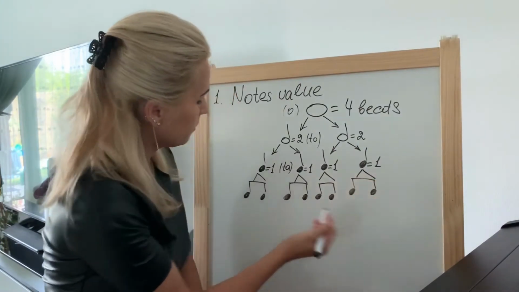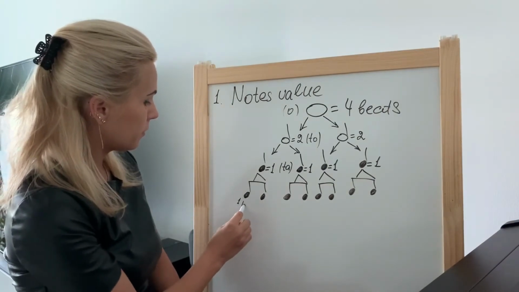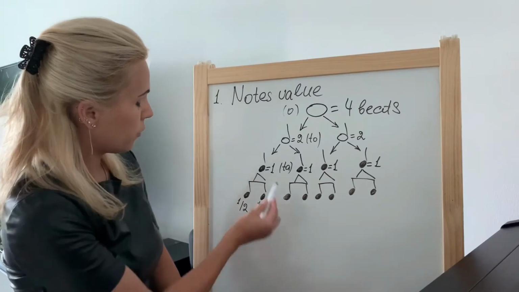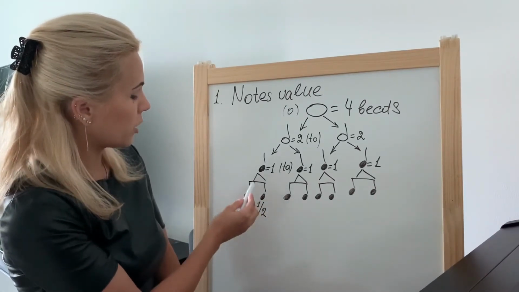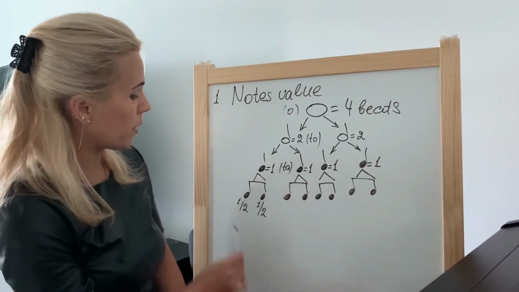One quaver has half a beat. So if you add 2 of them, and if you take a look at the board, 2 of them can fit in one crotchet. It means that each of them is half a beat.